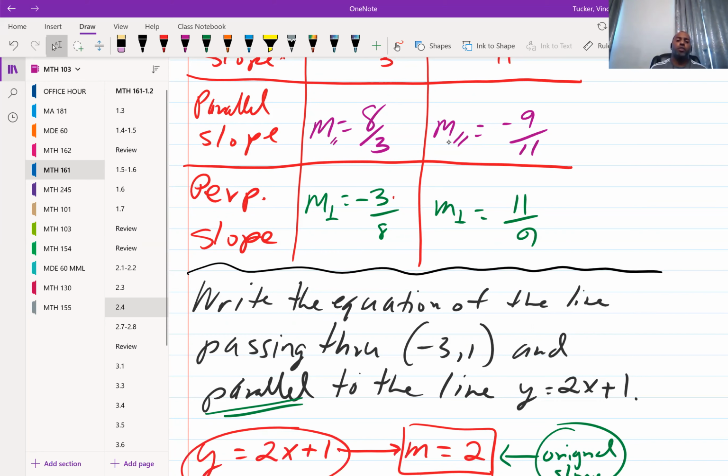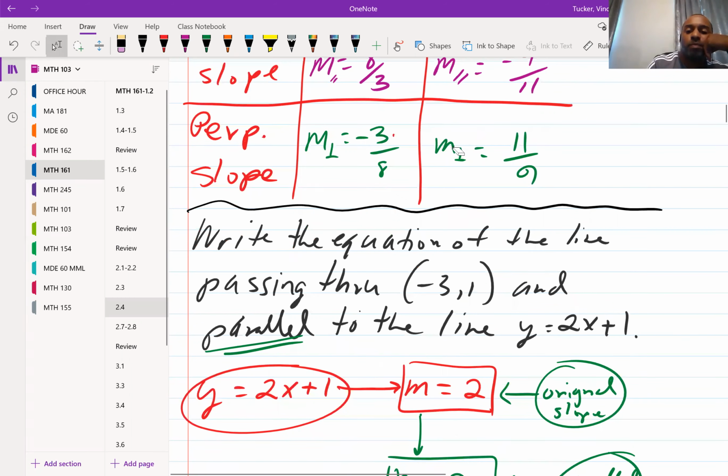All right. So we have this point that this line passes through, and we know that it's parallel to this equation right here. So if it's parallel to that equation, then I know that the slope has to be the same one as that one. So what I'm going to do is find the slope of that line. Because it's in y equal to mx plus b form, I know the number attached to x is my slope.